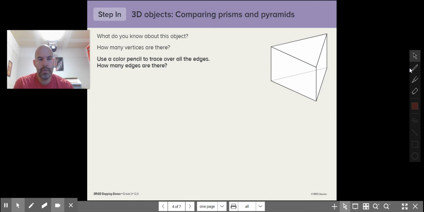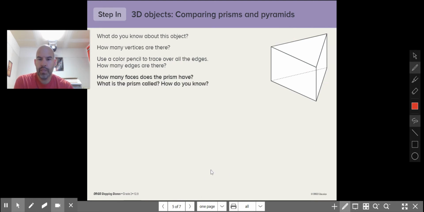I'm going to put some numbers beside it. So we have 1, 2, 3, and then we have 4, 5. On the bottom, we have 6, 7, 8, and we have 9 coming down. You can use a colored pencil or a crayon to do this at home.